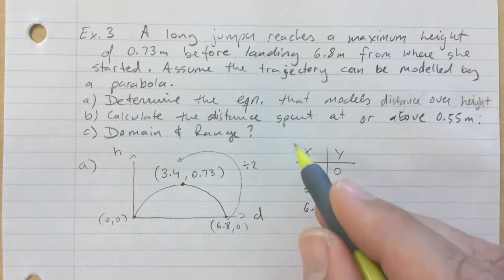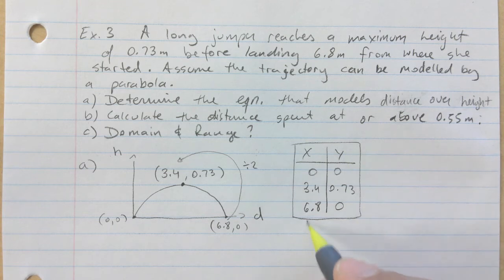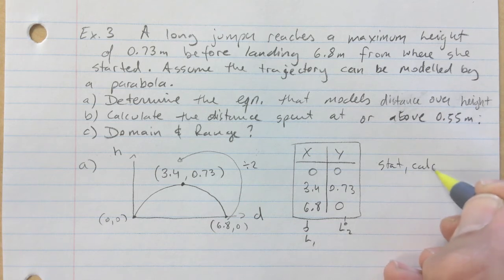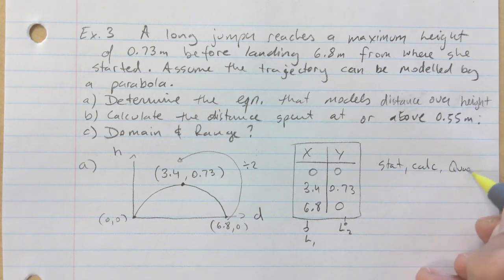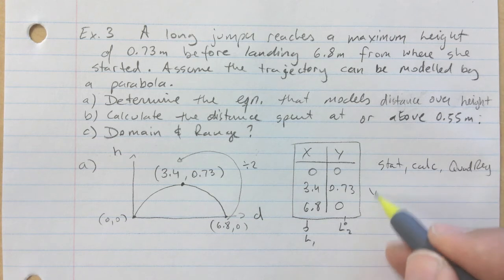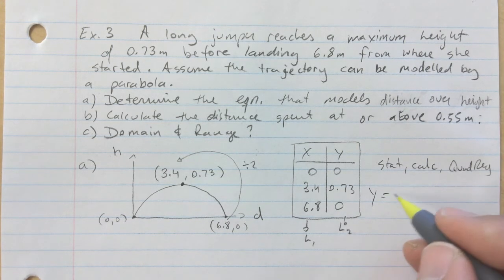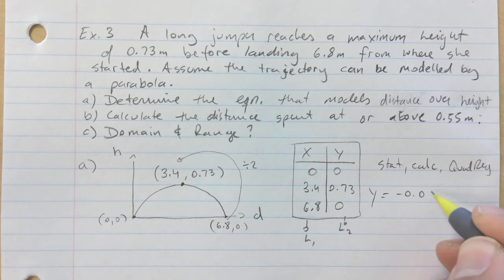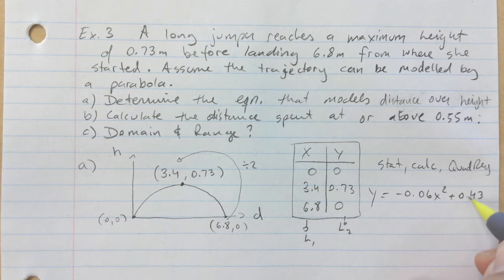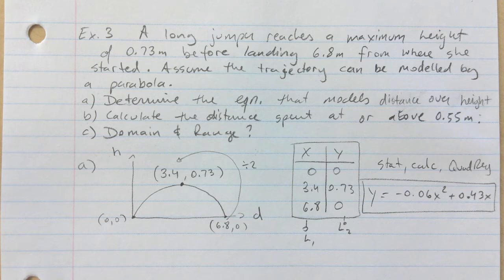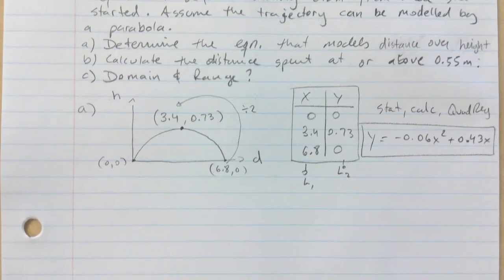And 0, right? So these are your 3 points. L2, stat, calc, quadratic. Y is equal to, according to mine, 0.06x squared plus 0.43x. That's what you're supposed to get there.